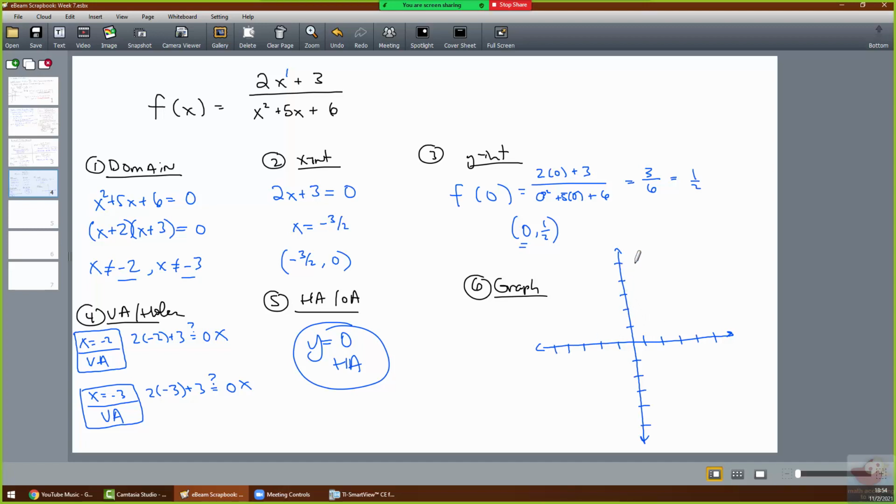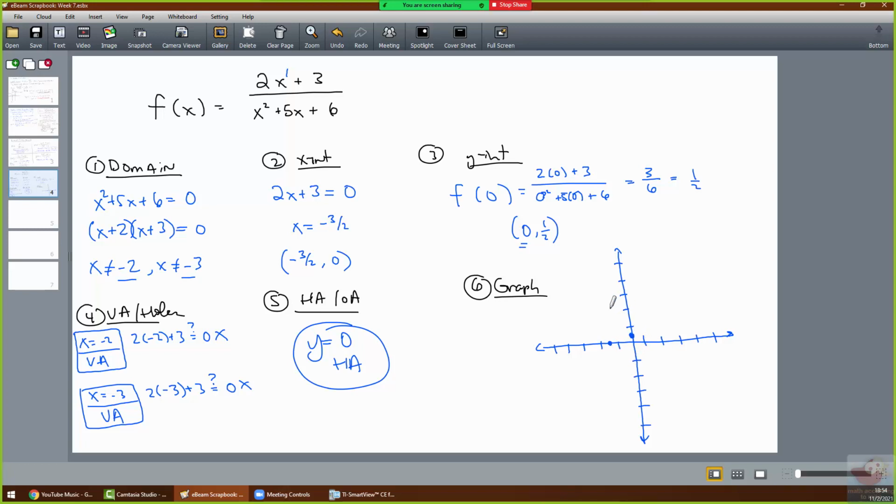Now, for this one, we're not going to do a proper graph. One of the videos, we are able to do a graph because it's a transformation of 1 over x, so definitely watch that. But as far as all we know, we have an x-intercept at negative 3 halves, comma 0, so right there. We have a y-intercept at 0, 1/2, so about right there.